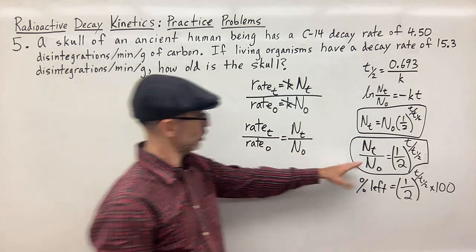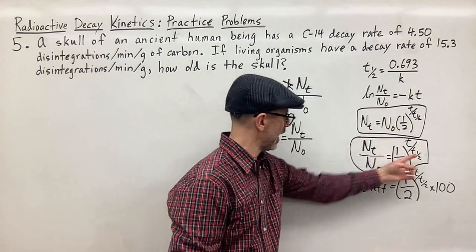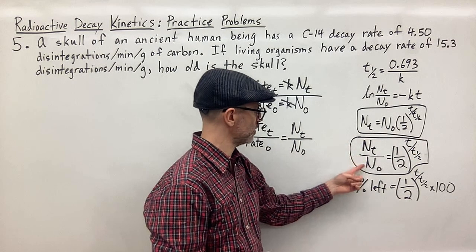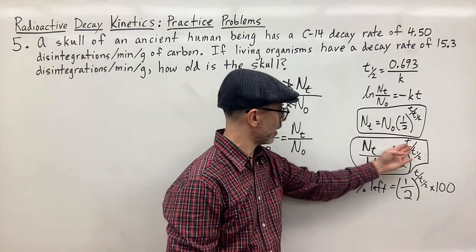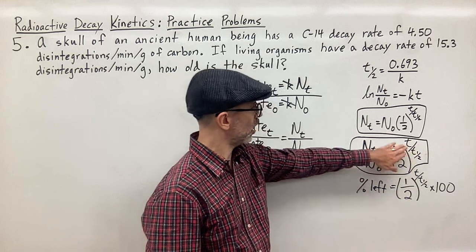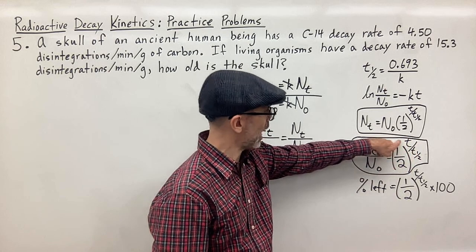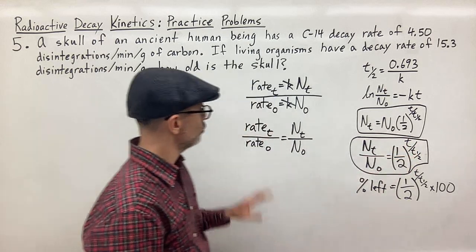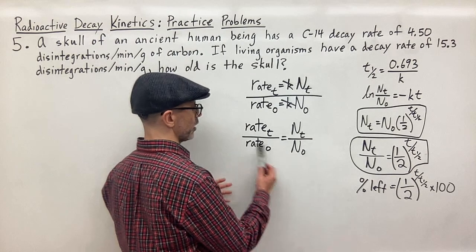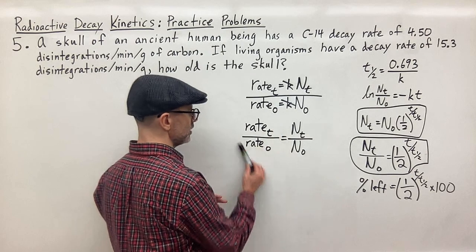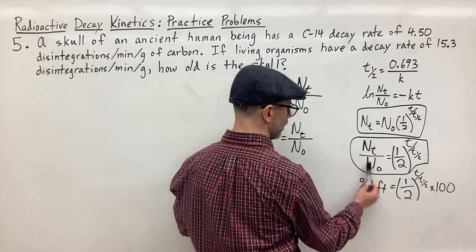And now look over here, we have the ratio equal to 1/2 raised to the power of the time elapsed divided by the half-life. So all we need to do at this point is substitute this in for this.